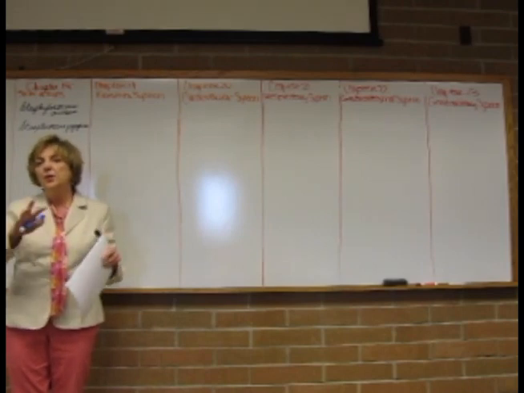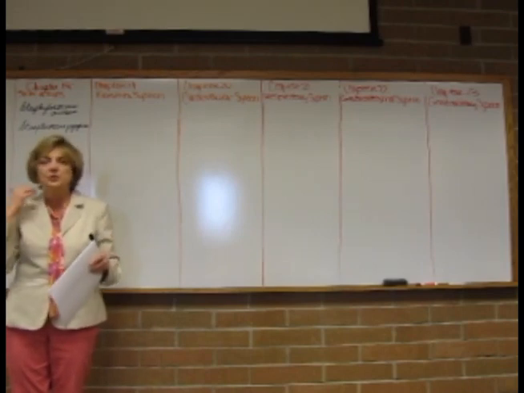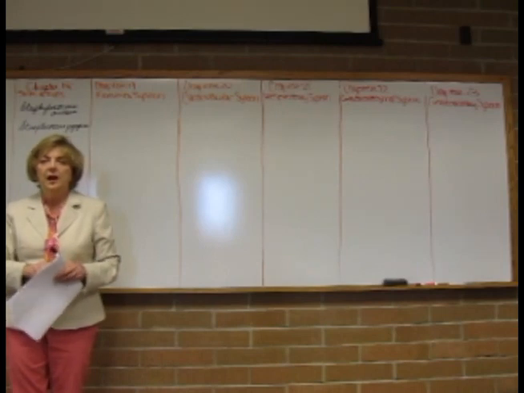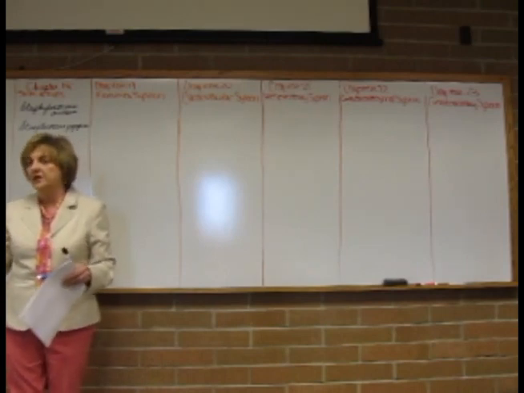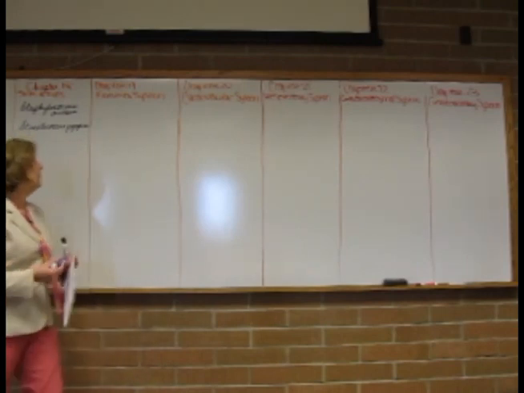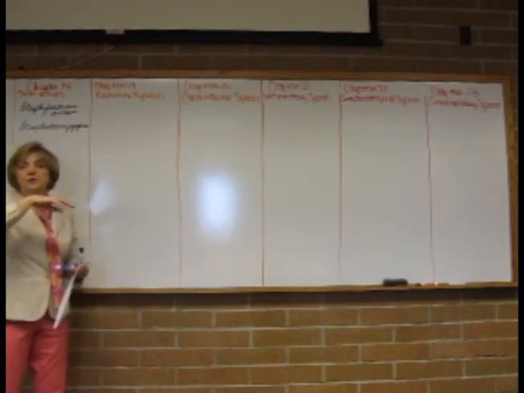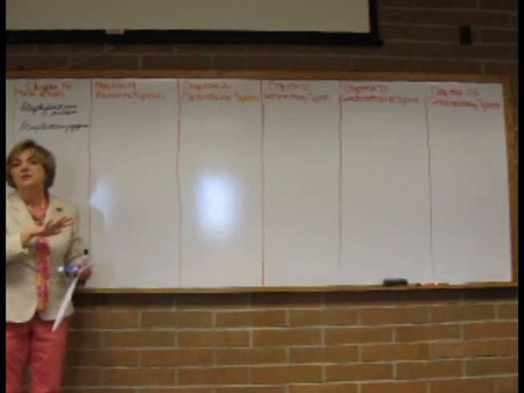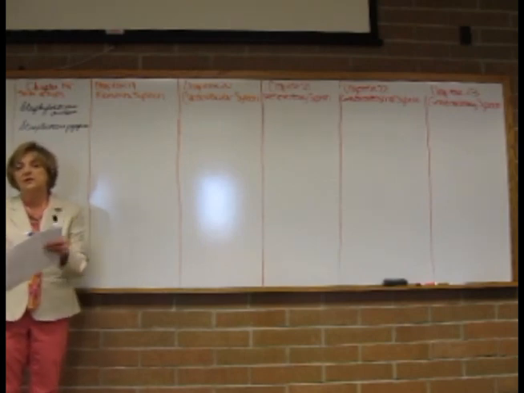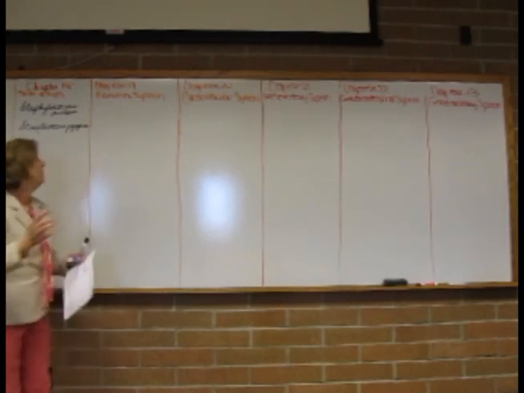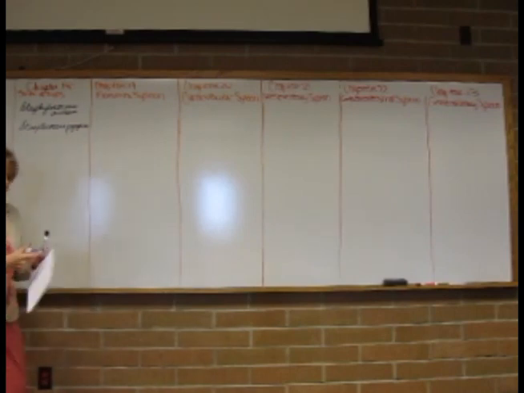So you want to go through there and make sure that you remember which ones cause which. Like they both cause impetigo, but Staph aureus also causes the scalded skin syndrome, but this one doesn't. So just make sure that you can distinguish them.